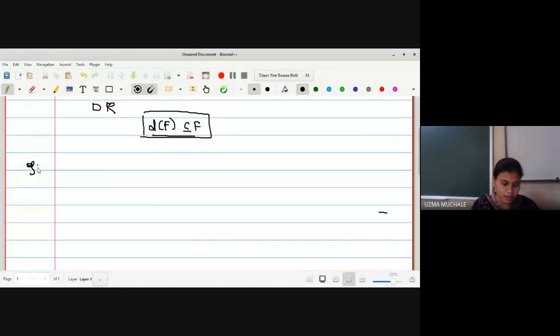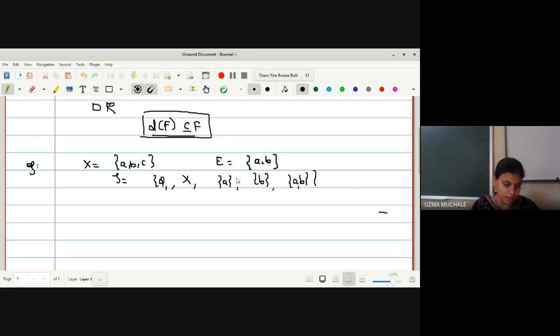Now let us go for the example. Let X is equal to {a, b, c}, tau is equal to {phi, X, {a}, {b}, {a, b}}, and the set E is equal to {a, b}.